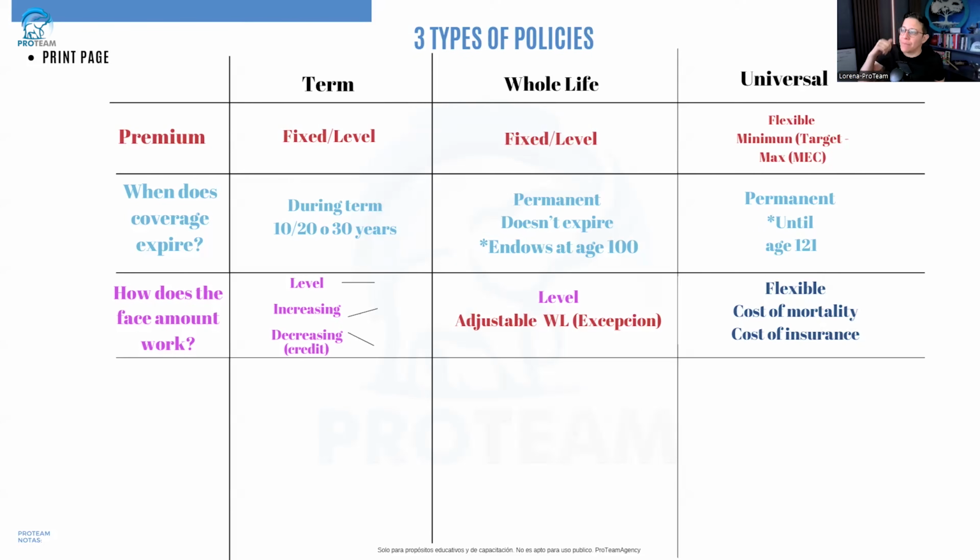Meaning, if I pay $500 for a policy and my coverage is, I don't know, $1 million, and I want to increase the payment on a universal life policy, I can increase the payment to $1,000 and my coverage will still be $1 million. Or I can decrease the payment to $200 instead of $500 and the coverage could still be $1 million.